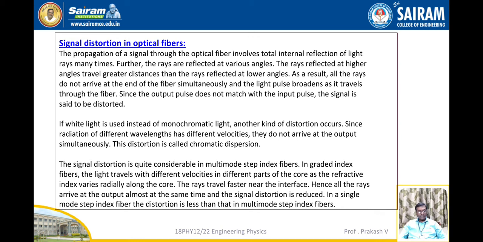In graded index fibers, the light travels with different velocities in different parts of the core as the refractive index varies radially along the core. The rays travel faster near the interface, hence all the rays arrive at the output almost at the same time, and the signal distortion is reduced.